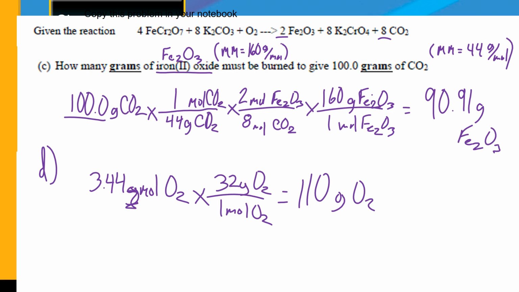I don't know why I did a D. I was just doing that for extra stuff, I think. So we should have ended up with 90.91 grams of iron 2 oxide when we set this up. The big thing is checking your ratio, that there's 2 moles of iron 2 oxide for every 8 moles of CO2.